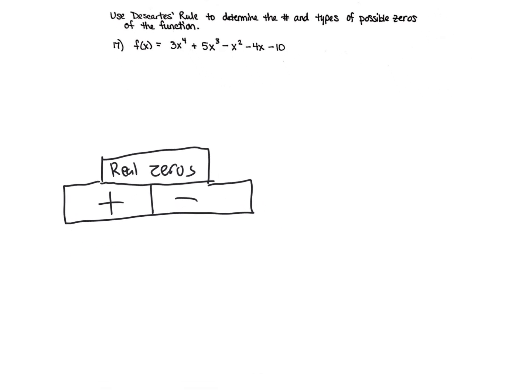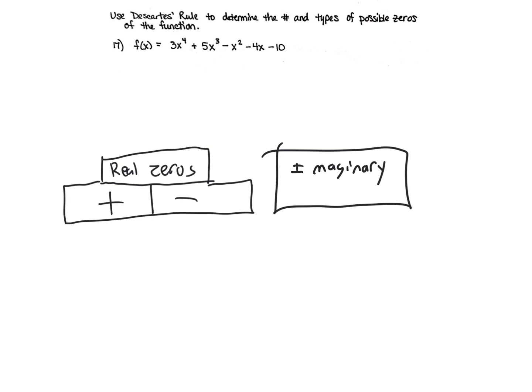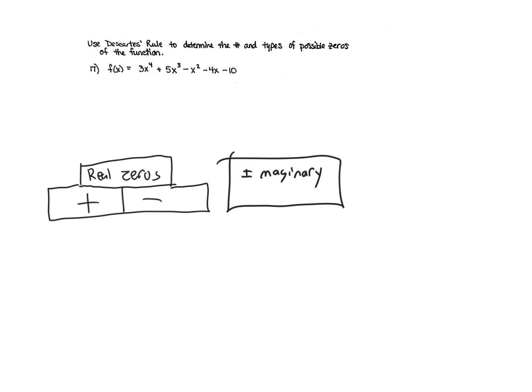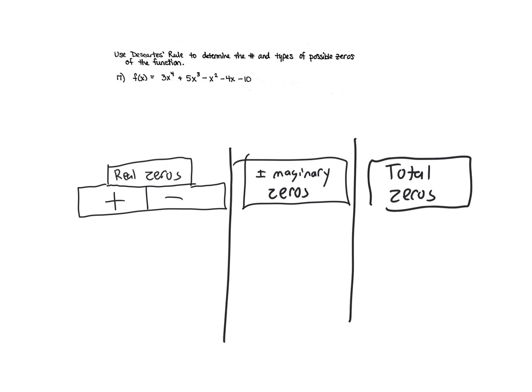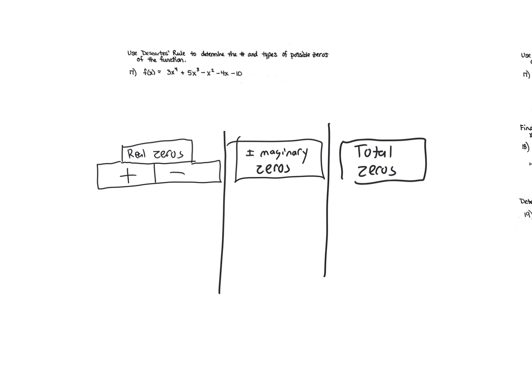And then we have another section called imaginary zeros. And then you will have the total zeros. So these are the figures that we want to take into account as we proceed down the line. I'm just getting ahead of this right now.